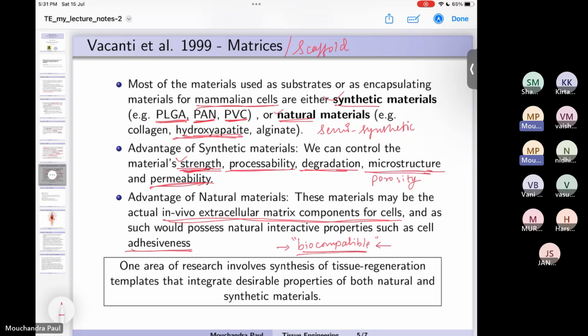So one research area involves synthesis of tissue regeneration templates that integrate the properties of both natural and synthetic materials. So if you recall, I said about 7 synthetic materials. So these materials integrate properties of natural and synthetic materials. All right. So this is a new class of material. So these materials haven't yet got FDA approval.